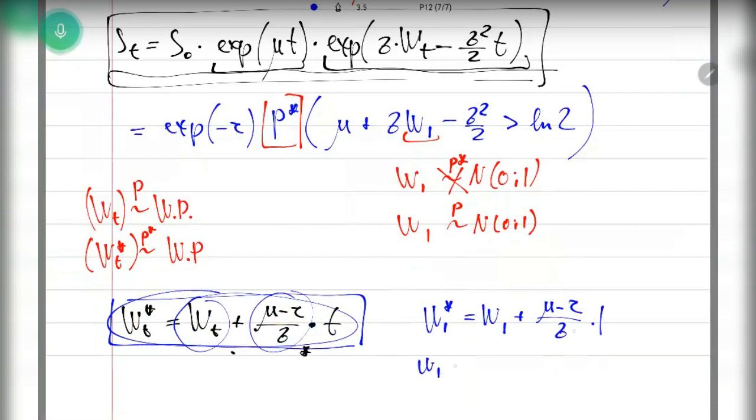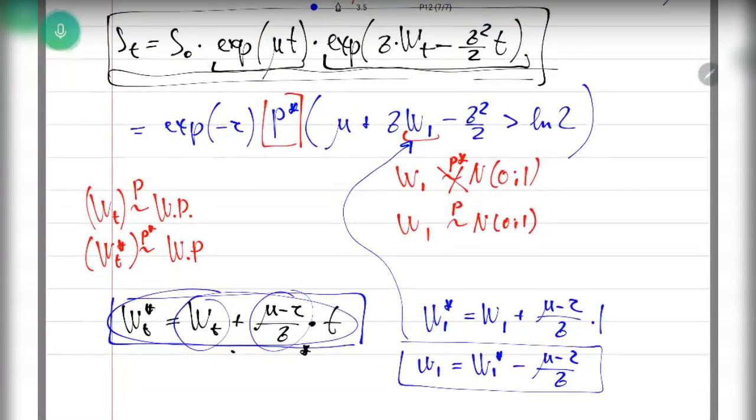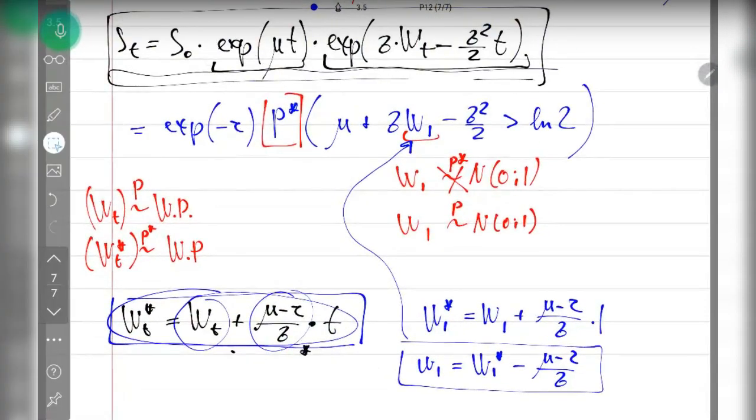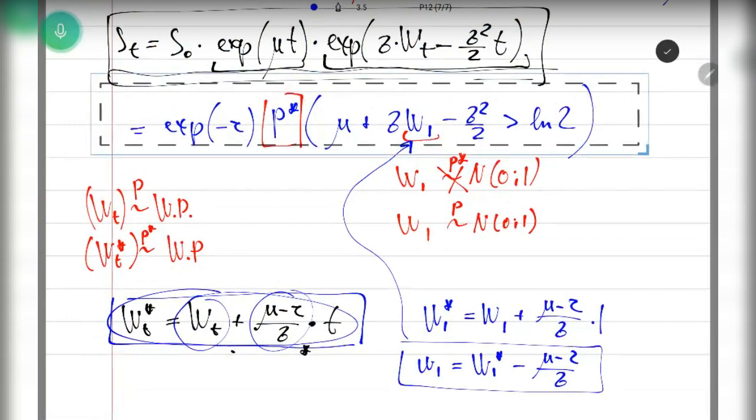Hence, W_1 is just W_1 star minus (mu minus R) over sigma. And I will plug in this value of W_1. And I will calculate the probability. Yeah, what will I have? I will continue on the next page.